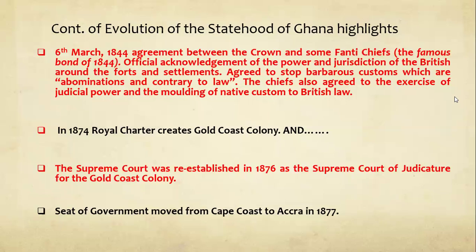When you are discussing the sources of law, the court structure, the history of the legal system, some significant searchlight is thrown on that. So, some of the importance of the 1876 Supreme Court Ordinance include the sources of law which were to be applied.